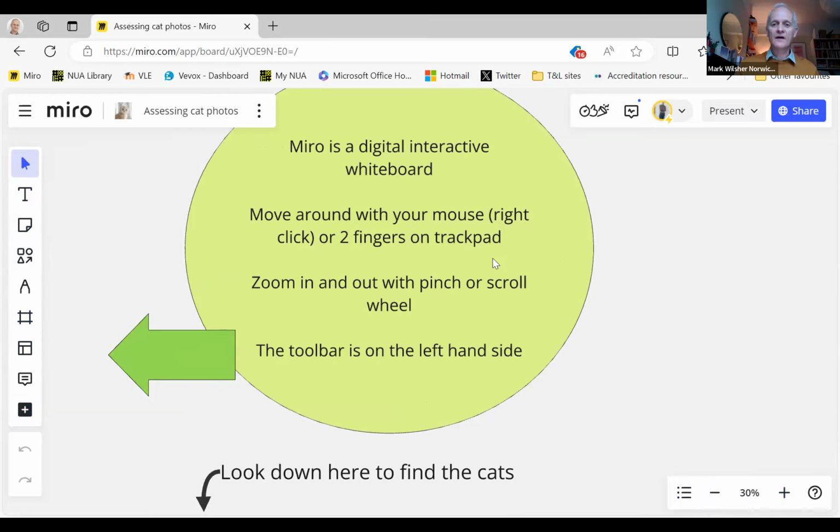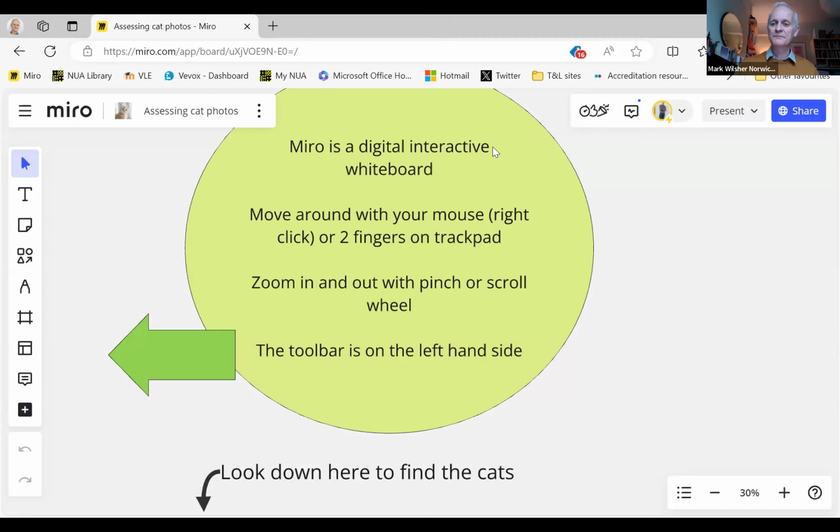Now, there's quite a lot of us here, there's 35 of us. I'm not going to give everyone a go at this, but can I ask for some volunteers, please, to take part? I'm looking for 12 volunteers to take part in the assessing of our furry feline friends today.